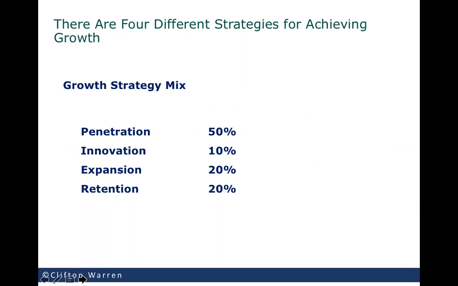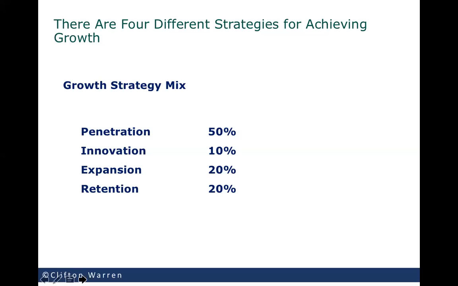And there are 4 different strategies for achieving growth in your business. The first one is penetration, and that's really you want to penetrate your existing niche market or existing markets that you are already in. Innovation refers to creating new products and services and building on to additional markets.